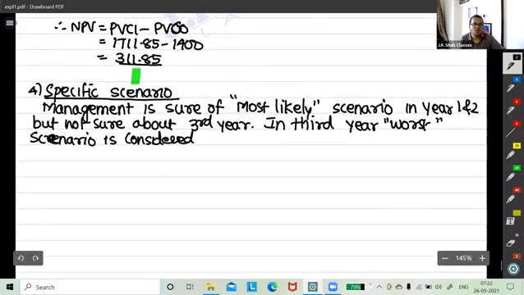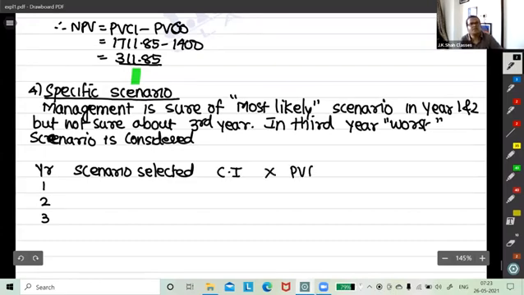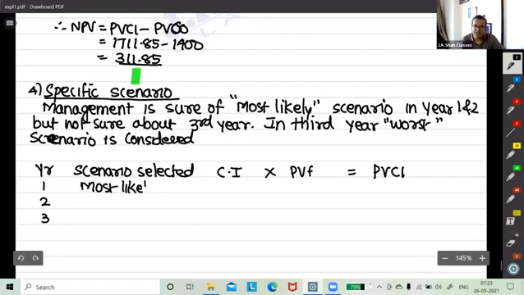Okay. So how will we write it? Year 1, 2, 3, scenario selected, and then we'll write the cash inflow, then present value factor, then PV. In year 1, we are going with most likely. In year 2 also, we are going with most likely.